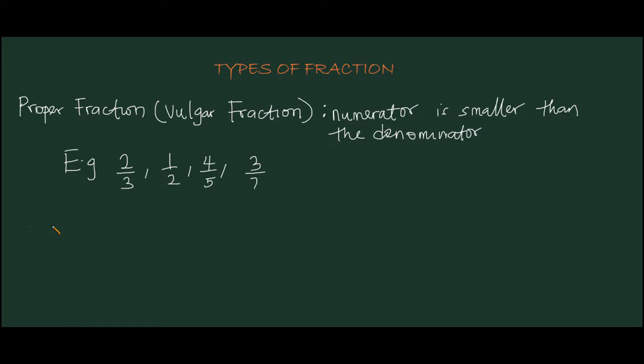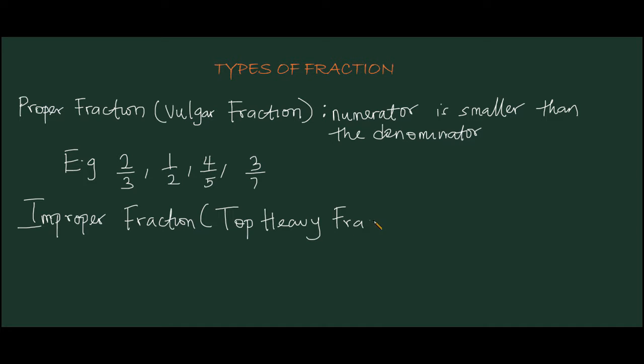So let us now look at improper fraction. Improper fraction is also called top heavy fraction. And from the simple illustration of proper fraction, you should know that once it's not proper, it's going to be improper.